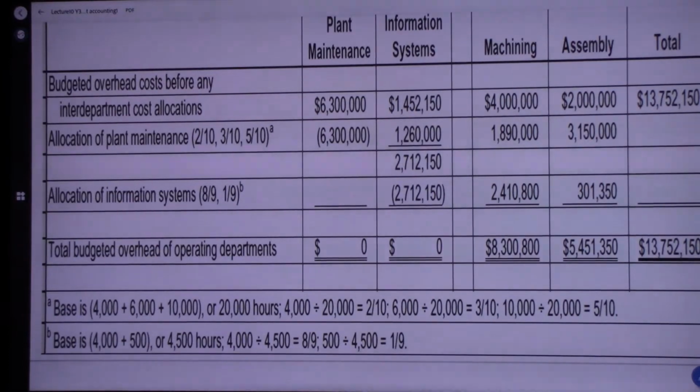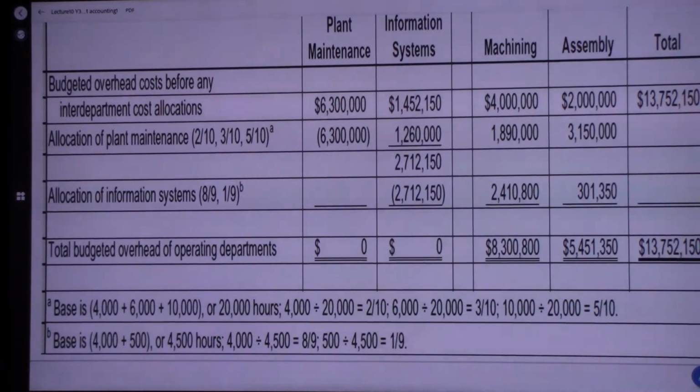Add both amounts and you have $2,712,000 US. The $2,712,000 US is going to be allocated on the remaining 2 departments.